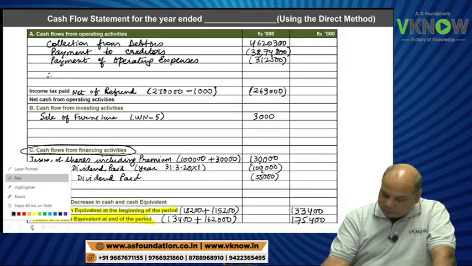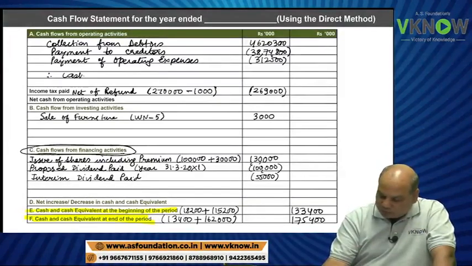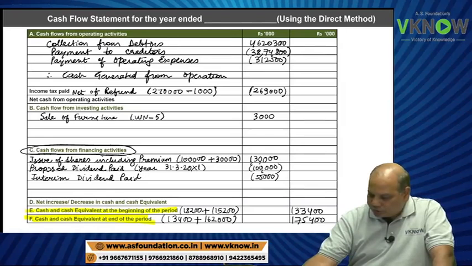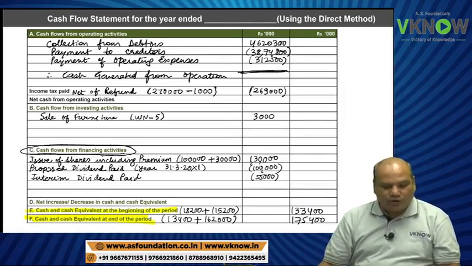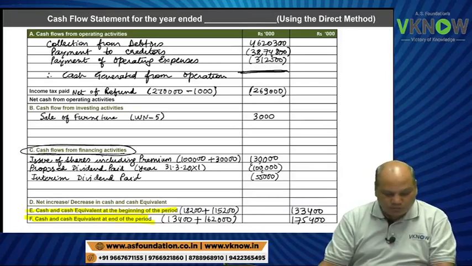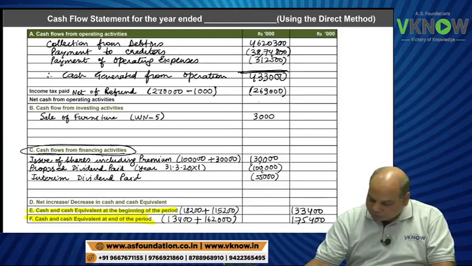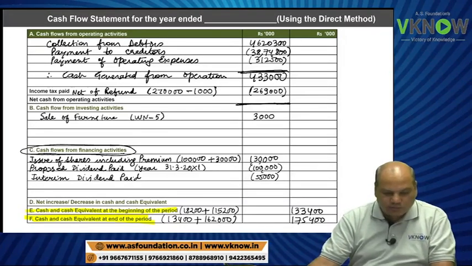Therefore, cash generated from operation, total of these three items, is 4,33,000 minus tax paid 2,69,000.